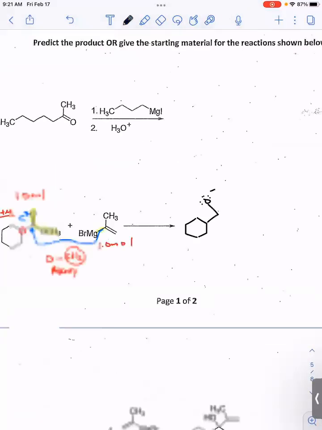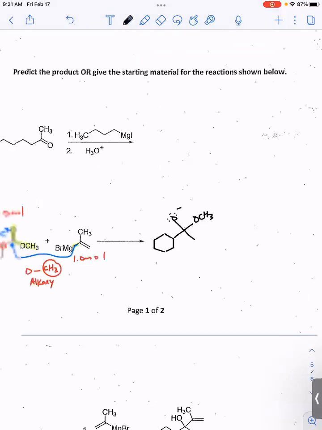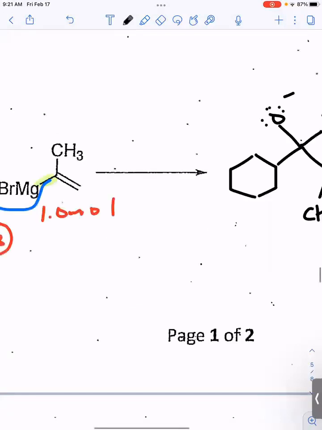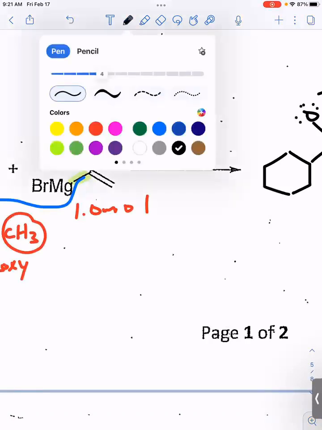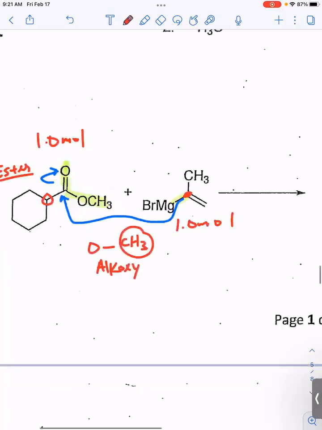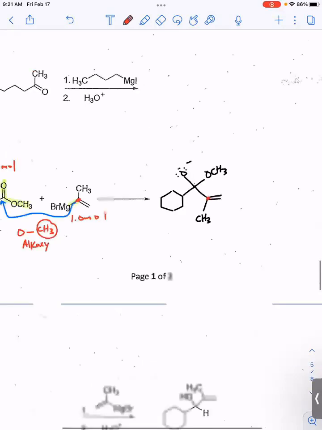I have the OCH3 that's still here. And then I have a bond now to the vinyl carbon. It's this carbon right here. So that's the carbon that ends up bonded to the carbonyl. Anybody not following it?